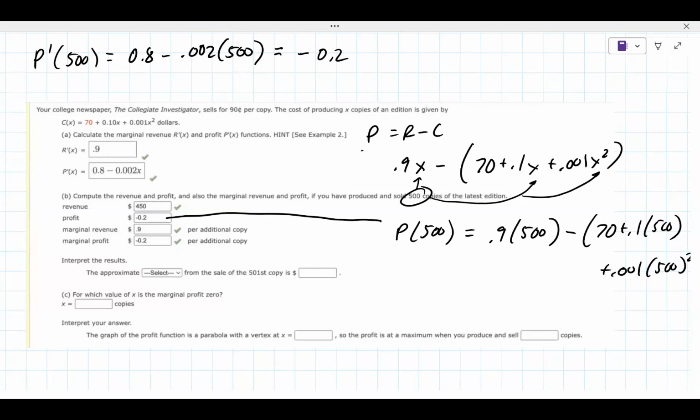That's definitely a calculator thing. So I'm going to grab my calculator and so I get 80 for that.